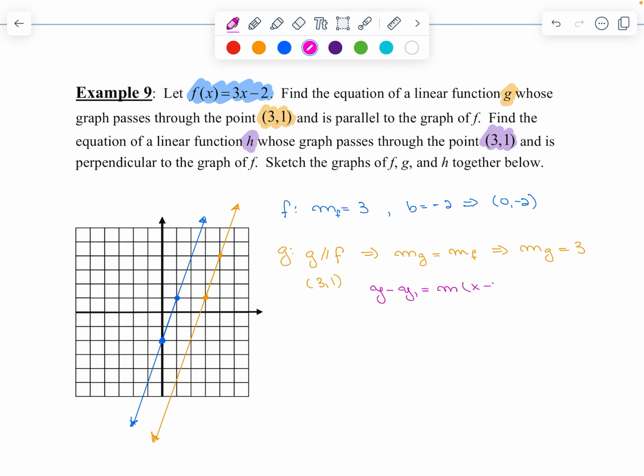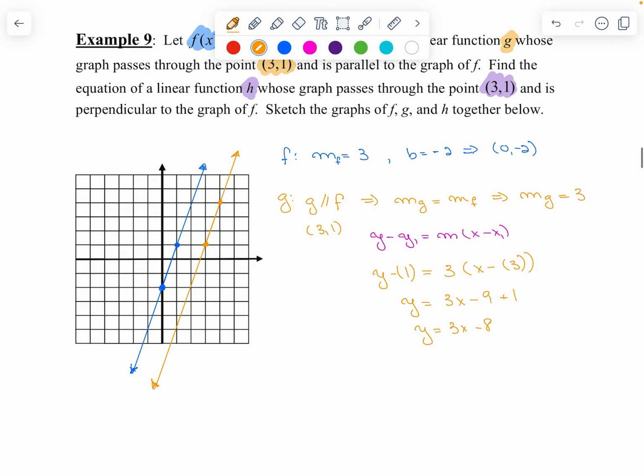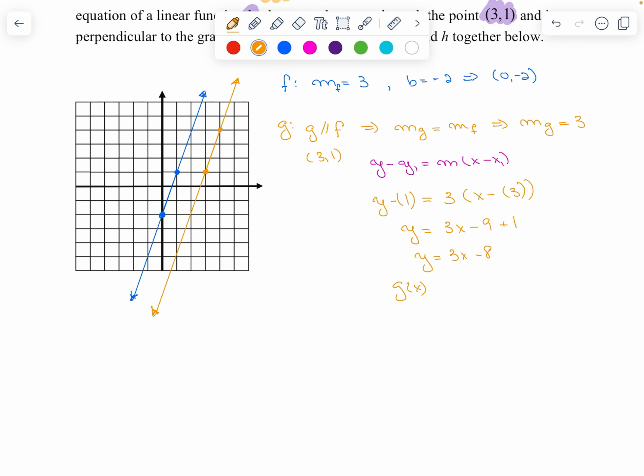So y minus y1, the only point I have, which is 1, equals 3 times x minus 3, from the point that I'm plugging in. So I have y is equal to 3x minus 9, then plus 1. So y is equal to 3x minus 8. So this is my g of x that I wanted to find.